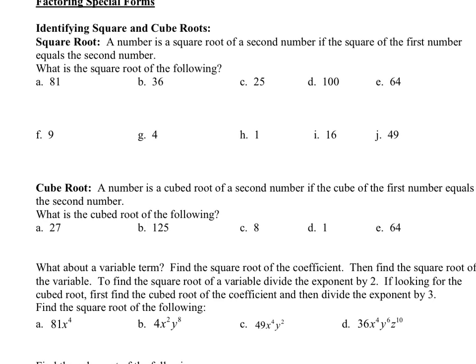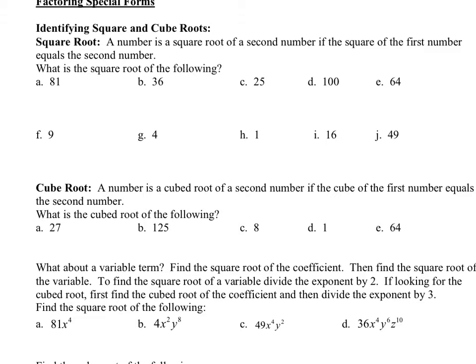All right, a number is a square root if the square of the first number equals the second number. So, what are the square roots of the following numbers? 81.